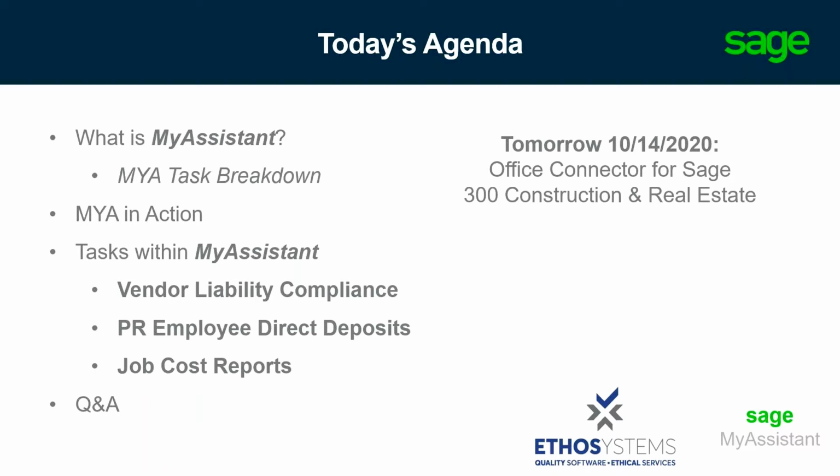We're going to talk about payroll employee direct deposit and automating the distribution of these reports, as well as other ones that may be around your construction projects. We're then going to open it up for questions. So please do submit those questions as soon as they come up. But as I mentioned, we will have some time available at the end.